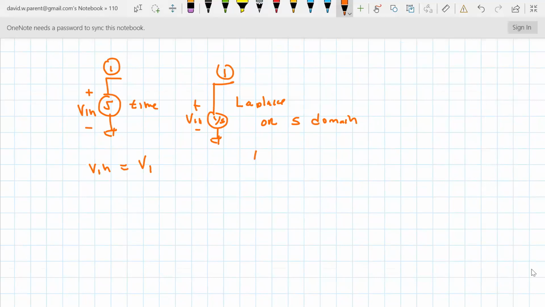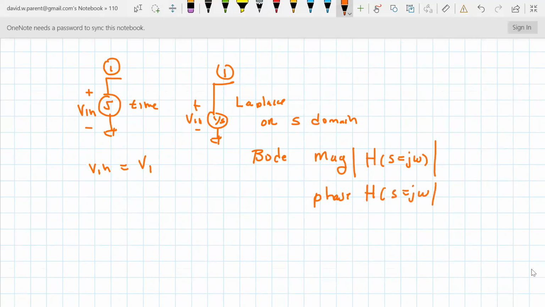And really the Bode plot is the magnitude of the transfer function where s equals j omega, and the phase of H of s equals j omega.